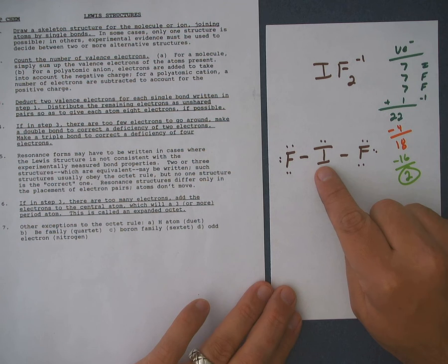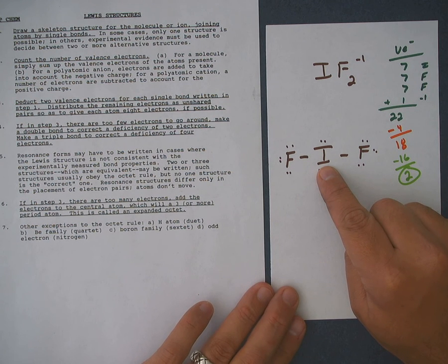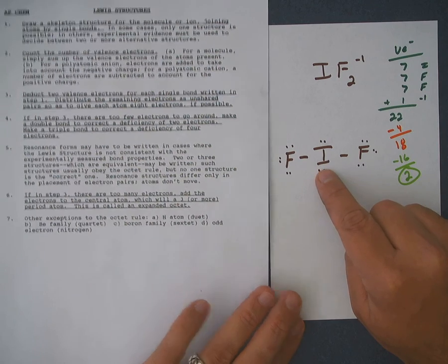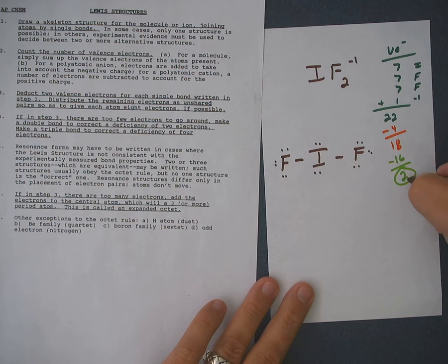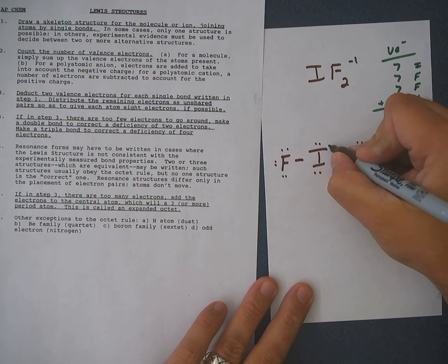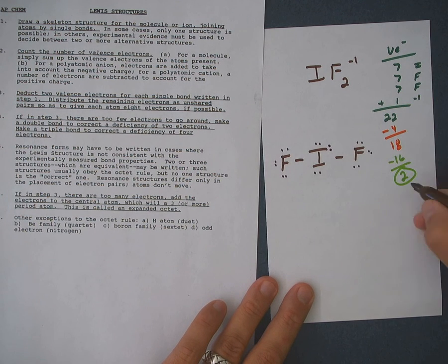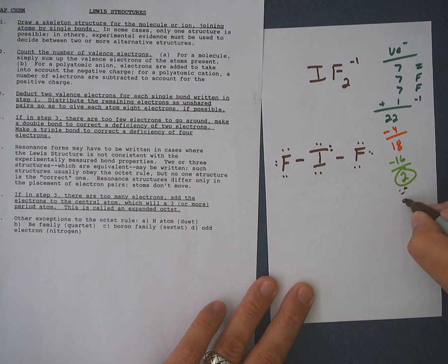But iodine is much lower on the periodic table in the 5p, and 5d orbitals exist. So iodine can access them if necessary. So we need to draw 2 more dots on the iodine, and that's how we'll get to 0.